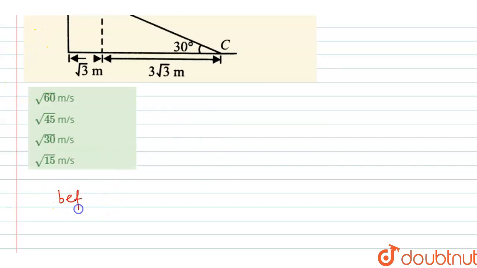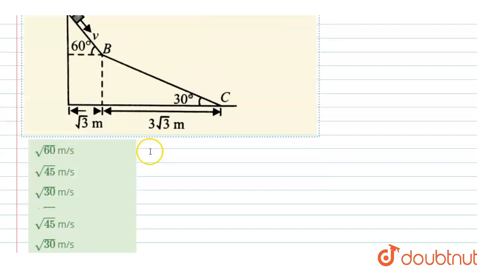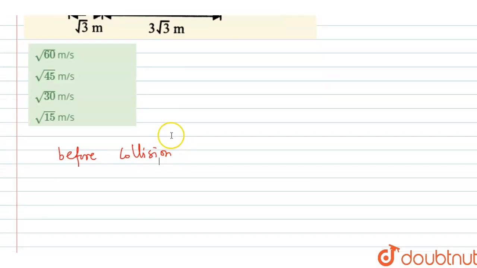Before collision, velocity of block will be root under 2gh.